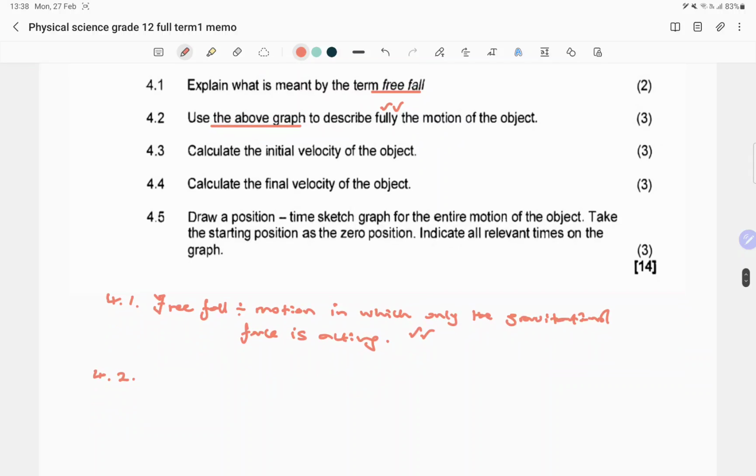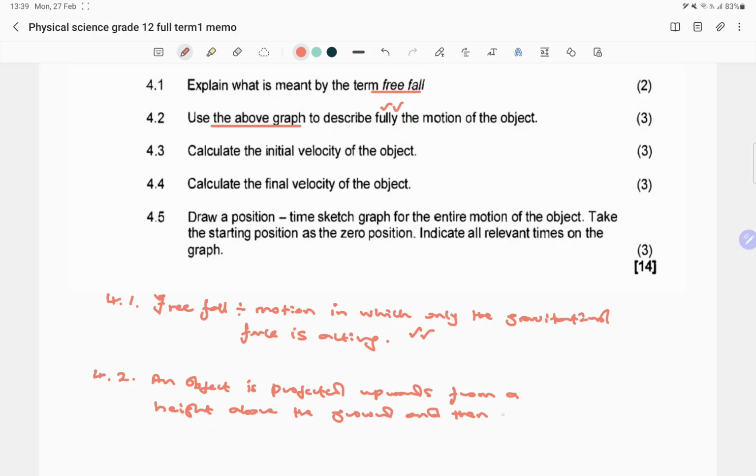And then of course I said fully, so we can say an object is projected upwards from a height above the ground, and then undergoes free fall until it hits the ground.